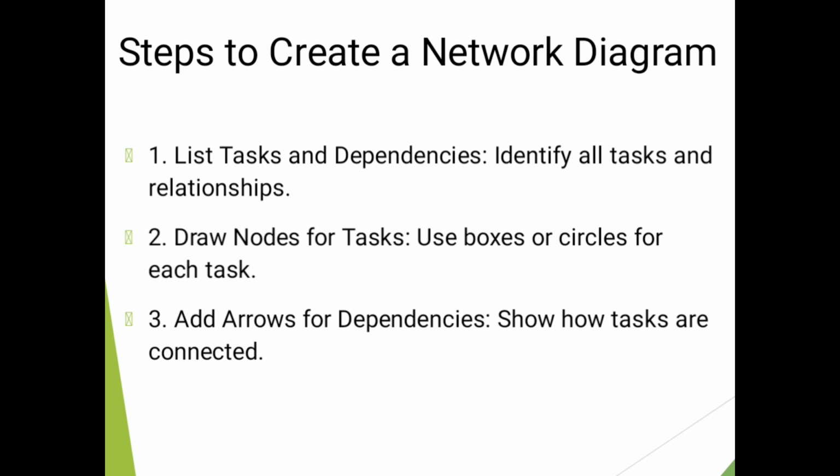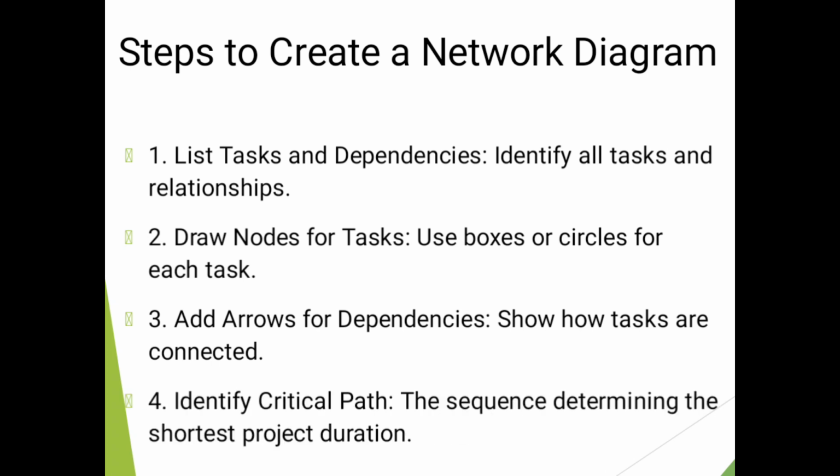Then you need to connect those boxes, or those tasks, using arrows. After that, you need to identify the critical path. That is the path which takes the shortest amount of time for you to finish that particular project.